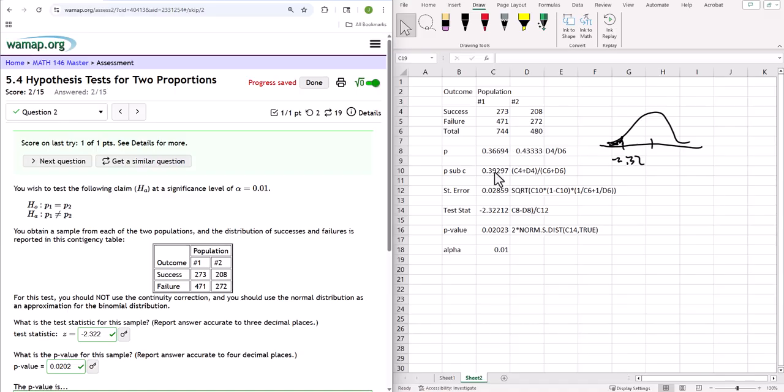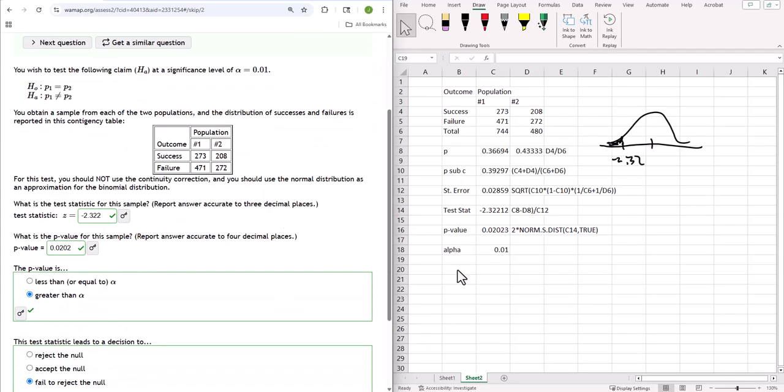Then we use our successes and our totals to find our pooled probability, using the pooled probability to find the standard error, taking the difference of those proportions, and then dividing by our standard error to find the test statistic, and then using the test statistic and the type of test we have for our alternate hypothesis. Since this is two-tailed, we have the area to the left here, we double it, find our p-value, and then we use our p-value in comparison to our alpha to make a decision. So, quick little walkthrough. I hope that is helpful for you.